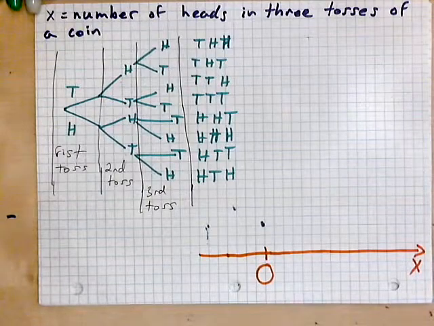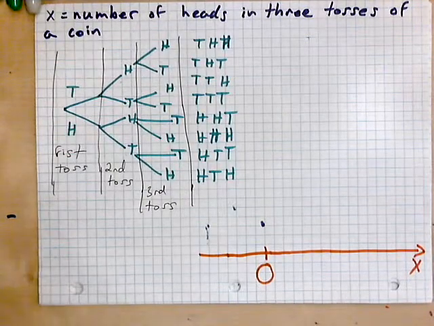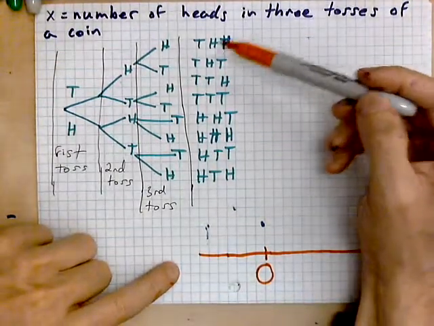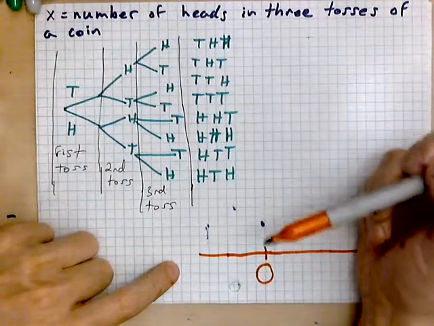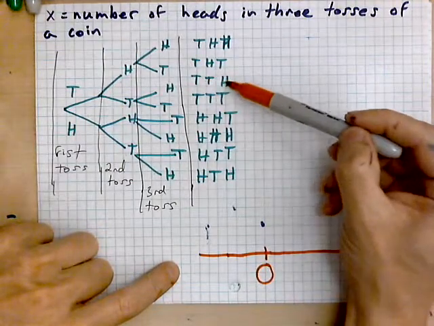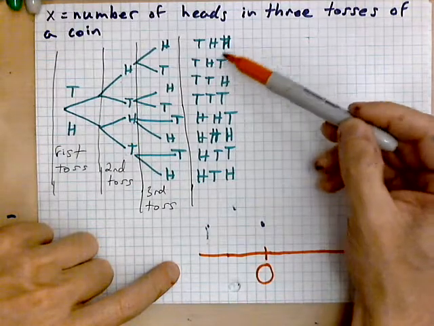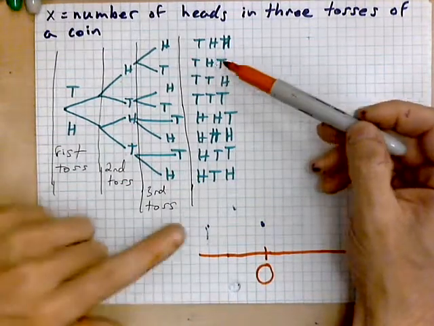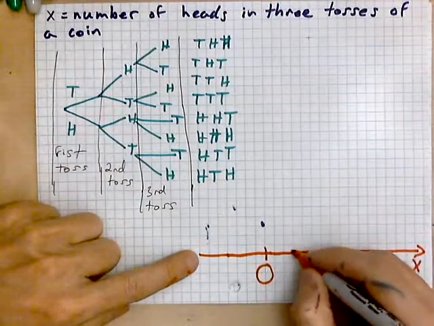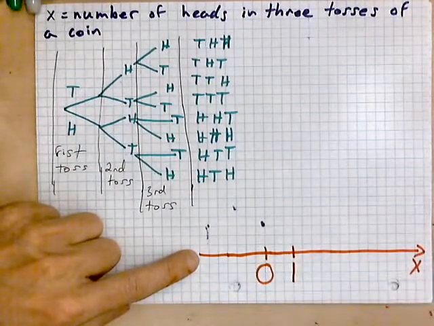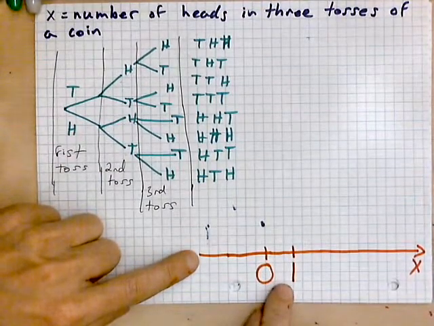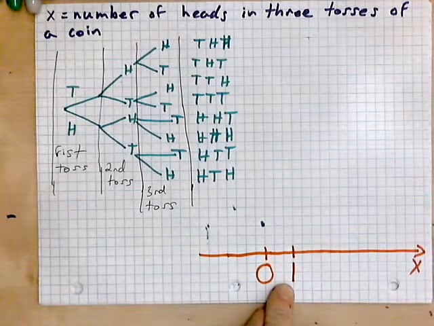What is the next option? Let's take a look. We can get such things as tail, head, tail, or tail, tail, head, and so on. And the key point is there's only one head present. So 1 is an option, okay, as the number of heads within 3 tosses of a coin.